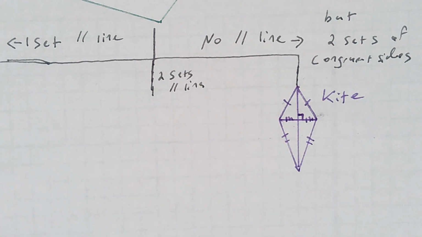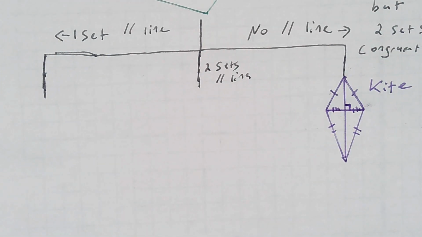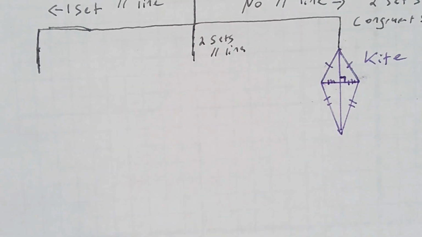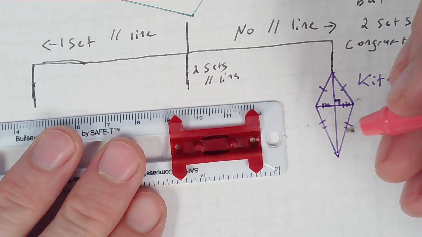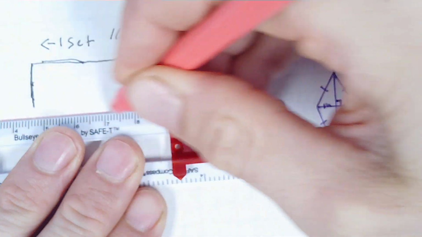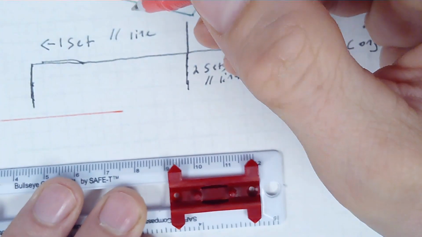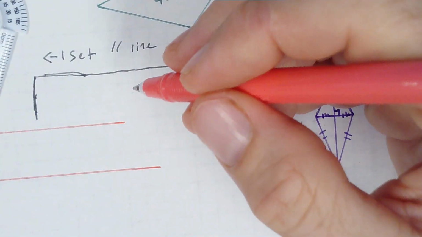Okay? And then over here we have one set of parallel lines, and that's it. Just one set of parallel lines. All right, so let's make it pink. So one set of parallel lines, right? One like this, another one like this, for instance, and then the other set is just, whatever.